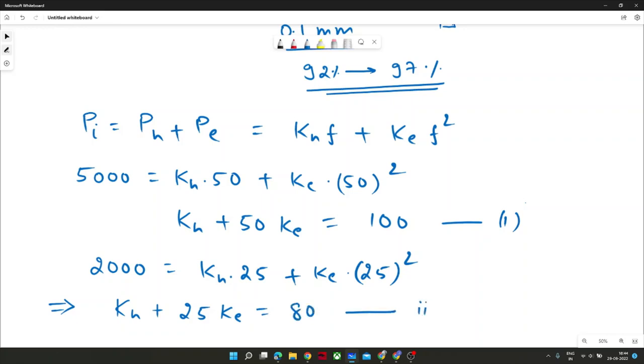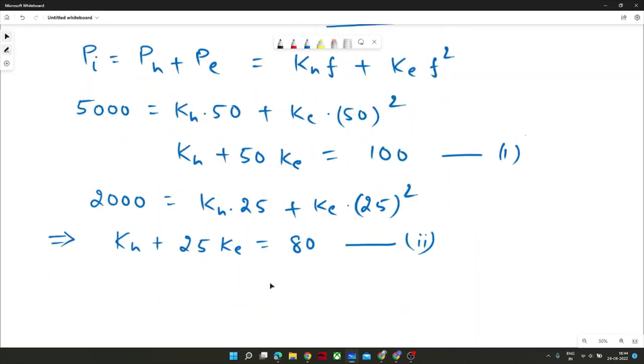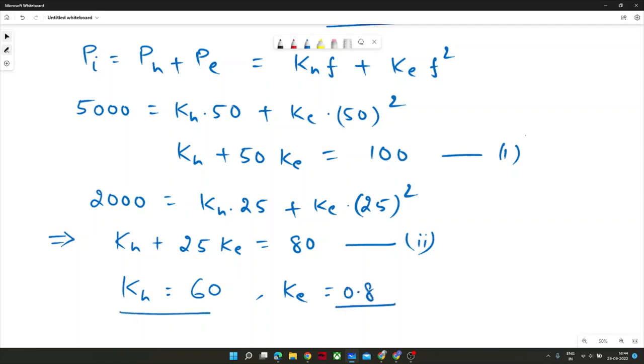So it will be your second equation. And if you solve these two equations, you will get KH equal to 60 and KE is equal to 0.8. So you can see KE factor is less because it is dependent on F square. So KE should be quite less.